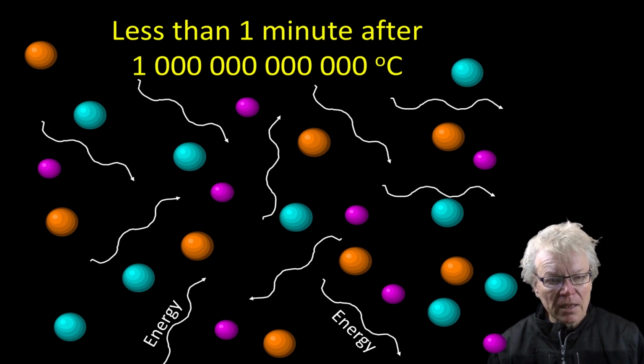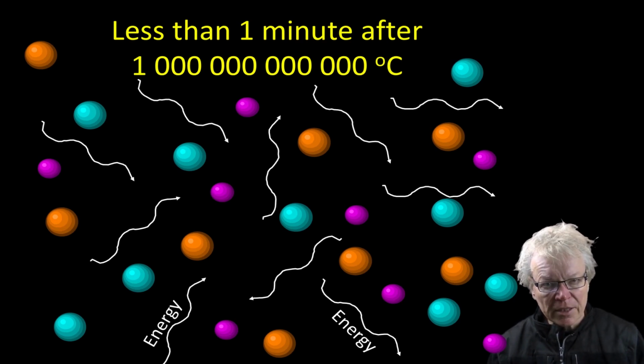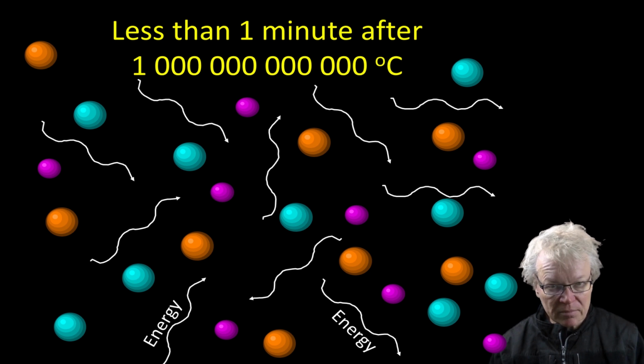Let's go back to the start of the universe, that Big Bang that we looked at before. And let's come forward in time. Less than a minute after the Big Bang, the temperature of the universe was about 1,000,000,000 degrees centigrade, 1,000,000,000 degrees Kelvin, but at that scale it's about the same. So extraordinarily hot.